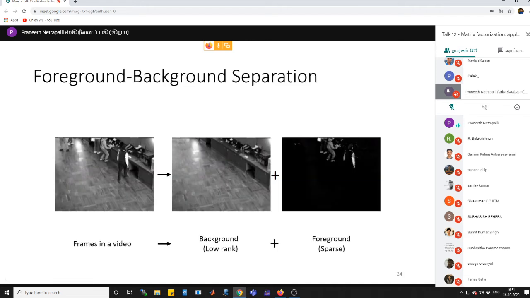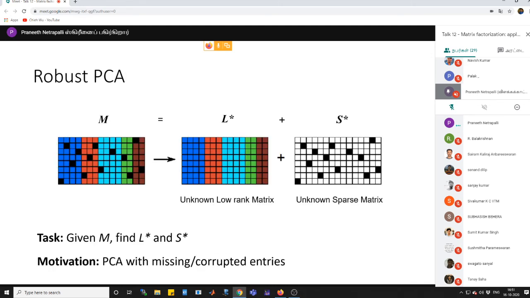Another example turns out to be foreground background separation, where each column in this matrix, as we said in the beginning of the talk, corresponds to a frame in a video, right? And so as time proceeds, you go from this frame to this frame to this frame and so on, right? So the low rank part corresponds to background.